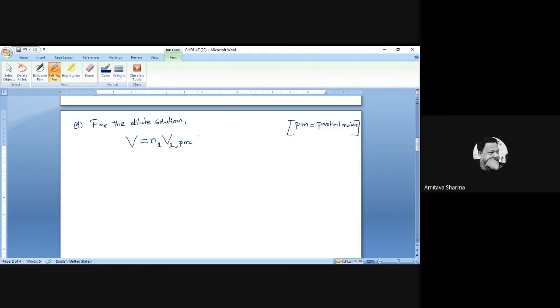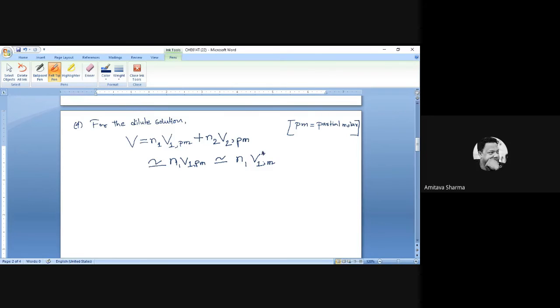Plus N2 times the partial molar volume of the solute. This is approximated as follows: for dilute solution, the number of moles of solute is very small, so we can say N1 times V1.